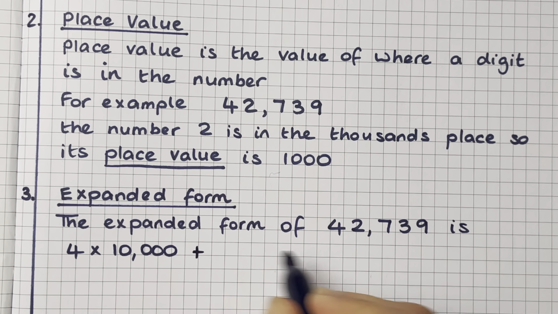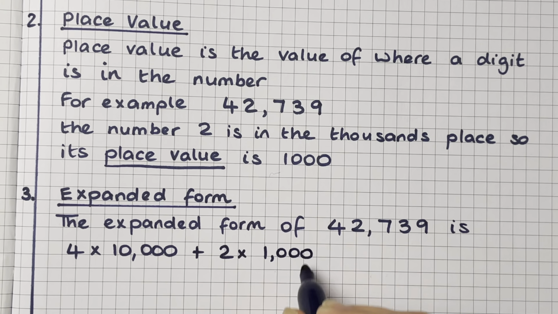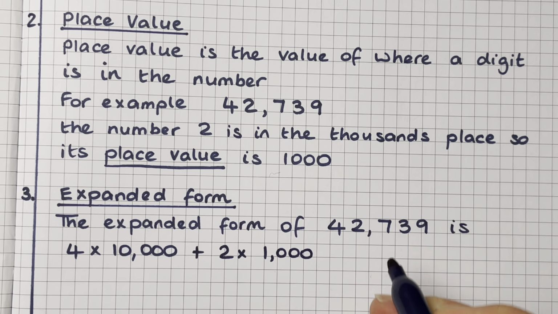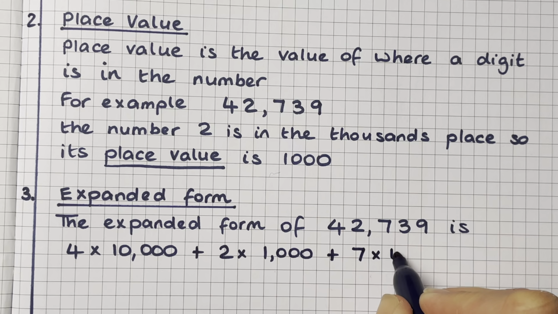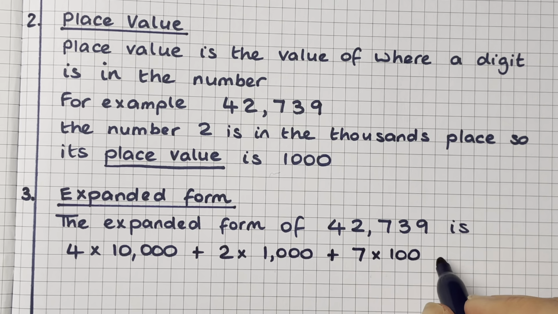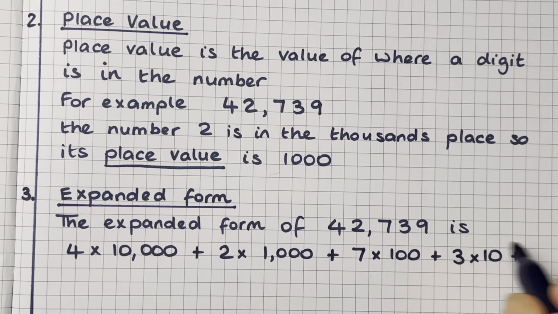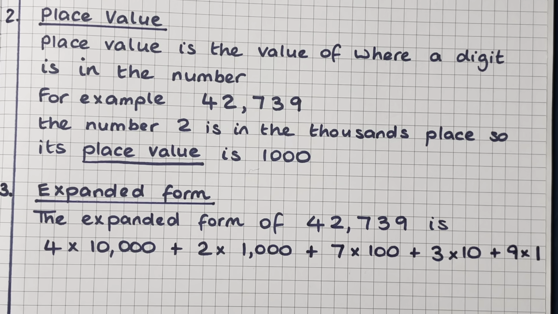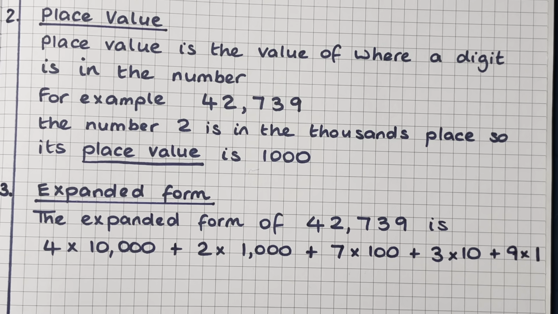Okay, we're adding 2, which is in the thousands column. We're adding 7, which is in the hundreds column. We're adding 3 in the tens column, and we're adding 9 in the ones column. Okay, so that's how we write the number in expanded form.